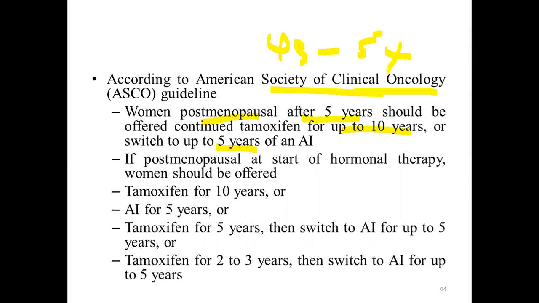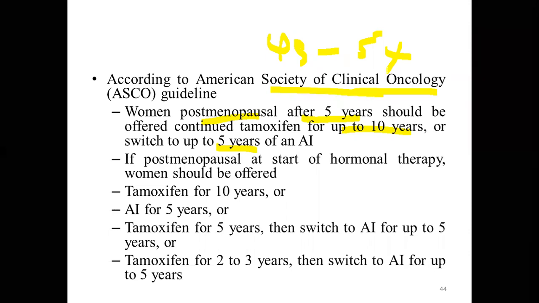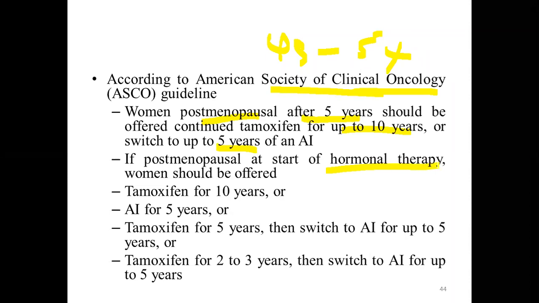Or if postmenopausal at the start of hormonal therapy, you can offer tamoxifen or aromatase enzyme inhibitor. But the guideline recommends that if there is no contraindication, aromatase enzyme inhibitors are usually the first line in postmenopausal women. Anyway, what guides you is the menopausal status of the patient.